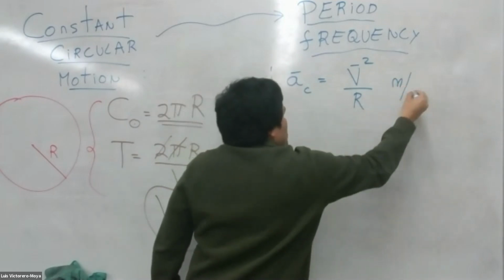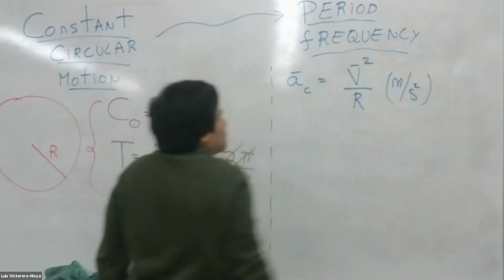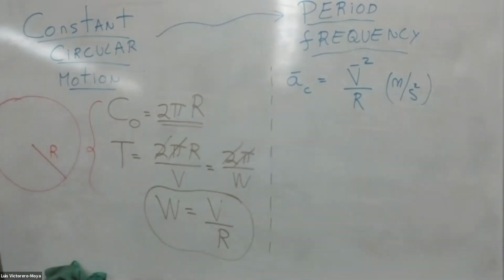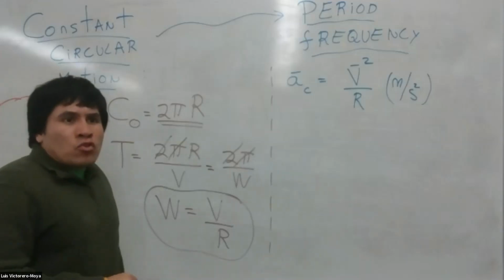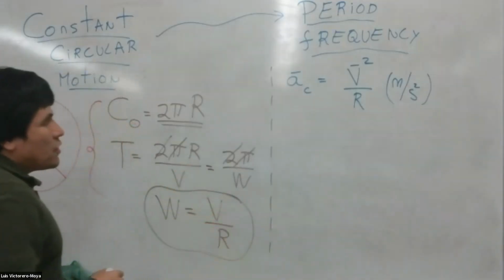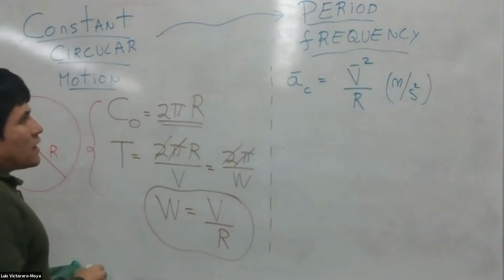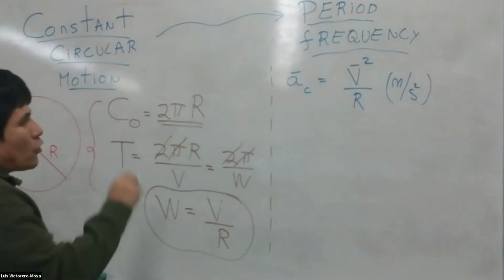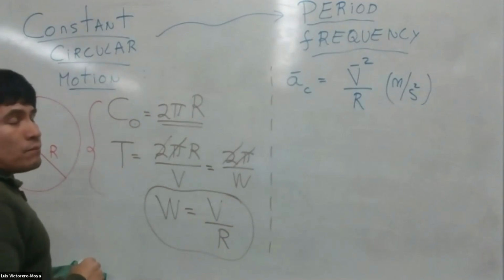That's in meters per second squared, by the way. So even though you're in a constant circular motion, meaning the speed is not changing, you have a centripetal acceleration. We will later study circular motion with other accelerations, right? Angular and tangential. For now, we are just looking at centripetal.